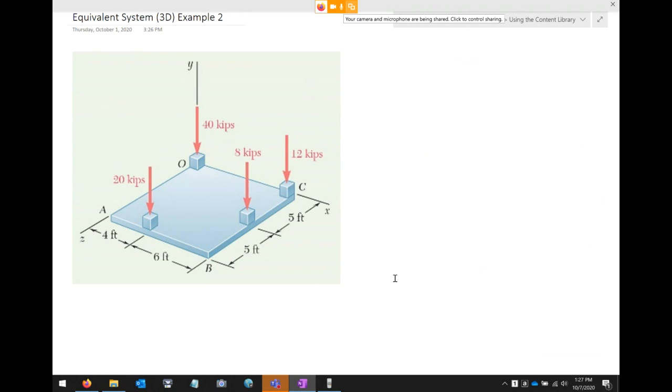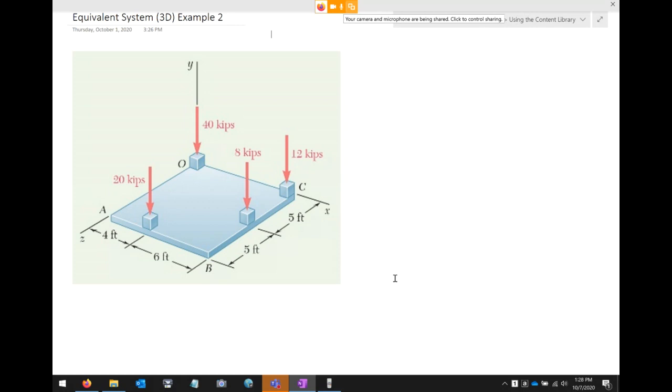In civil engineering the forces are very large, so it's not uncommon to forego pounds and express these in kips. In structural analysis right now, I don't know that we've used pounds at all this semester.